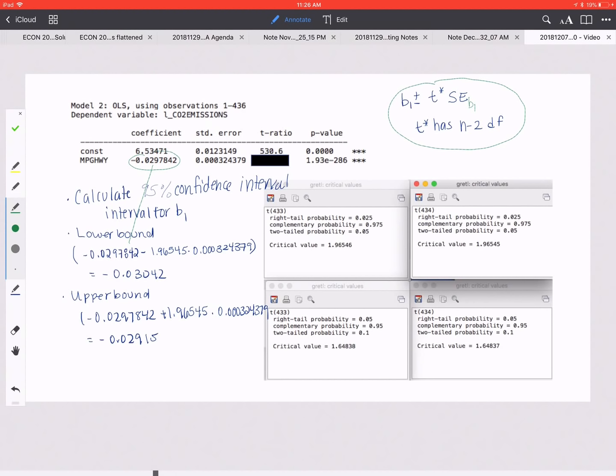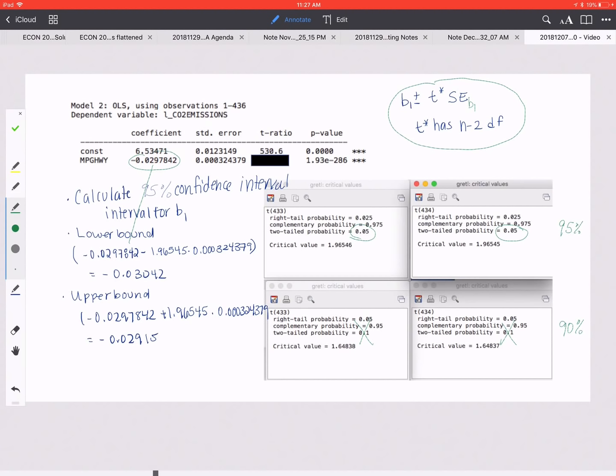We are using a 95% confidence interval, and that means in each tail 0.025, or 2.5%, of the area lies. So that is this screen right here, or this screen right here. The ones at the bottom would be for a 90% confidence interval.